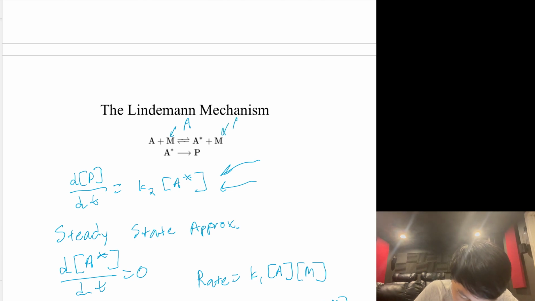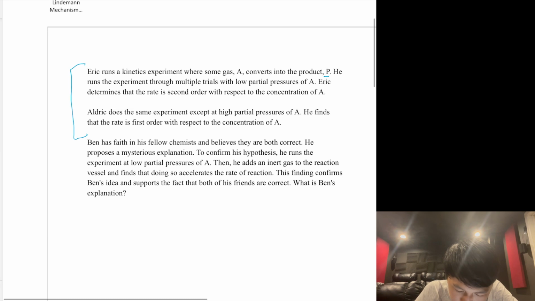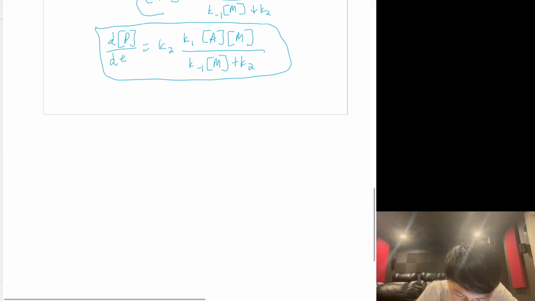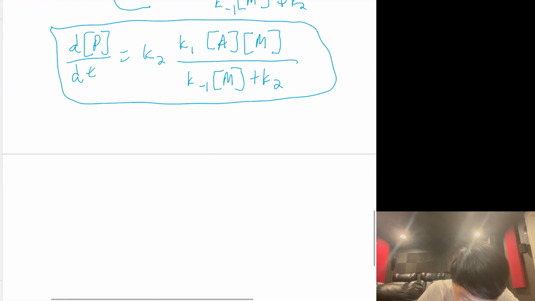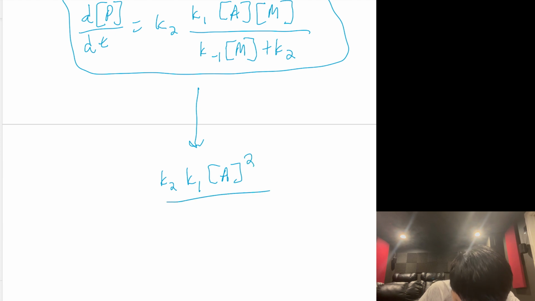So this will also be A as well. And if that's the case, we can replace M in our rate law here, and it will look like k2 k1 times A squared divided by k-1 A plus k2.